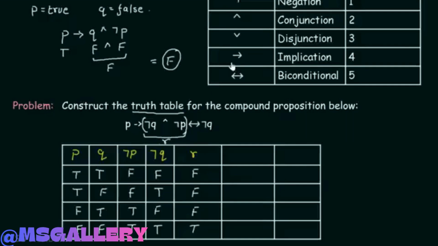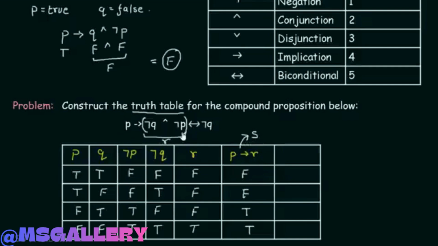Now, as we know, implication is having higher precedence as compared to bicondition. Therefore, this will get calculated first. P implies R. As true false means false, true false means false, false false means true, and false true means true. Let me rename P implies R as S. Okay.